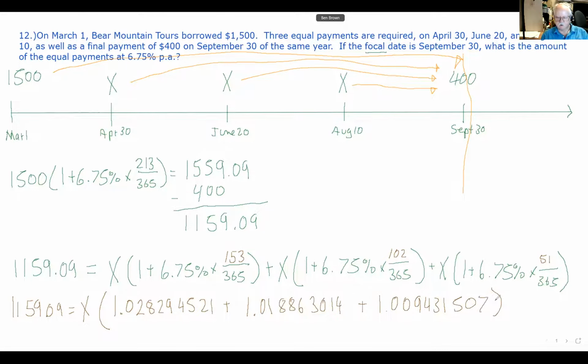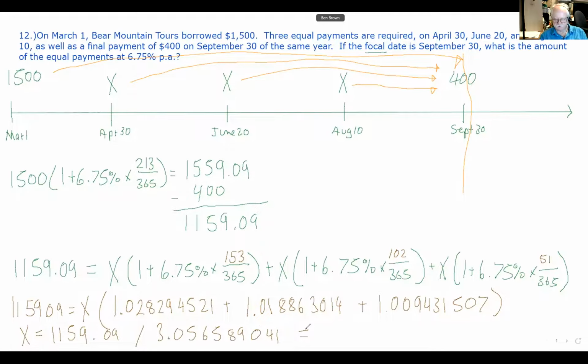So now I can go recall 1 plus recall 2 plus recall 3. And what I end up solving here is X equals 1159.09 divided by 3.056589041.